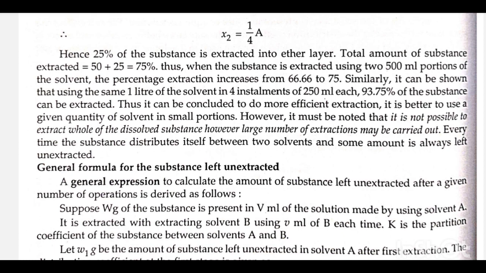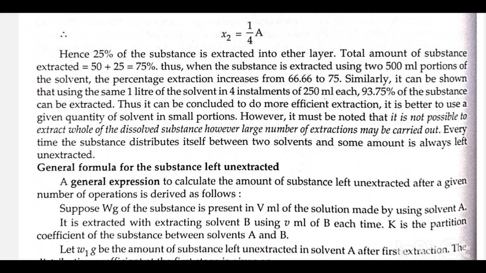Thus, it can be concluded that to do more efficient extraction, it is better to use a given quantity of solvent in small portions. However, it must be noted that it is not possible to extract the whole of the dissolved substance. A large number of extractions may be carried out, but every time the substance distributes itself between two solvents and some amount is always left unextracted.